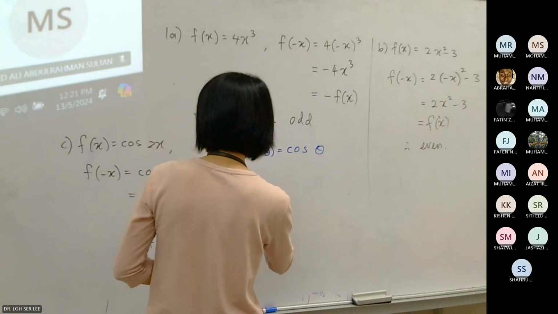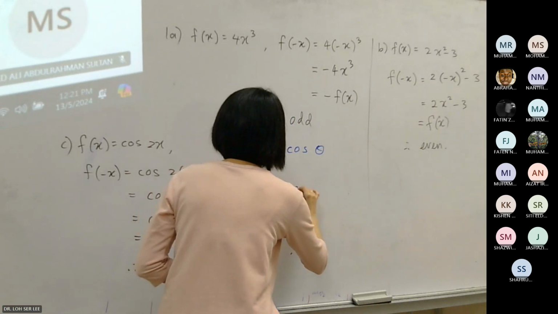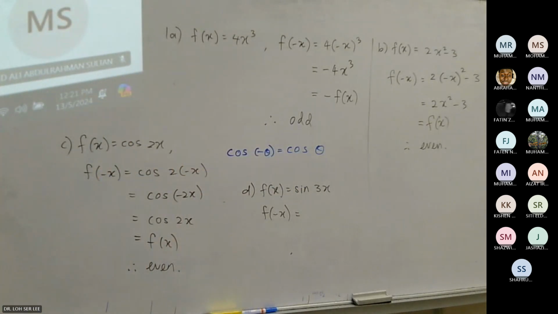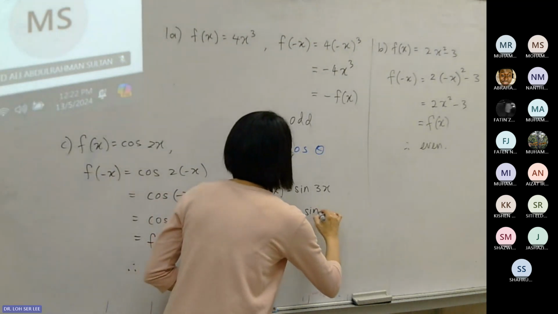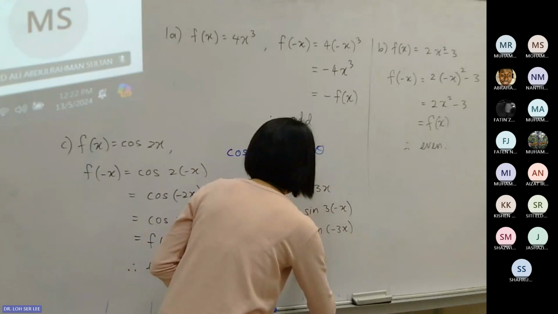Okay, and B, sine 3x. Sine 3 times negative x, which is sine negative 3x.